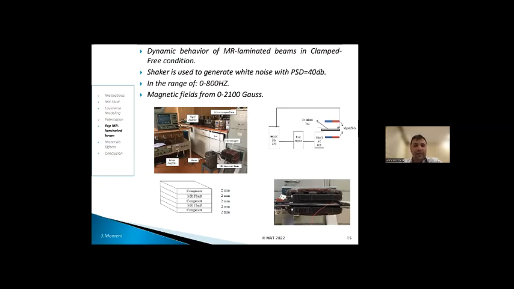The shaker is used to generate white noise with power spectral density of 40 decibel in the range of 0 up to 800 Hertz. The resolution of this instrument is about 1 Hertz, and the magnetic field varies from 0 up to 2100 Gauss. The arrangement and the width of the composite and MR fluid are shown in this table.